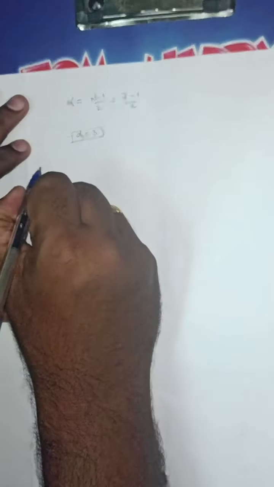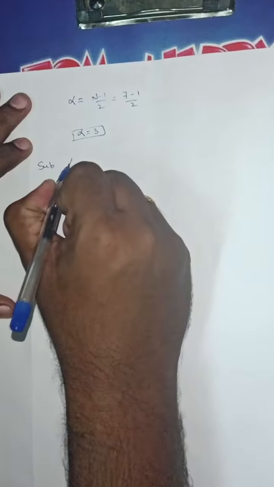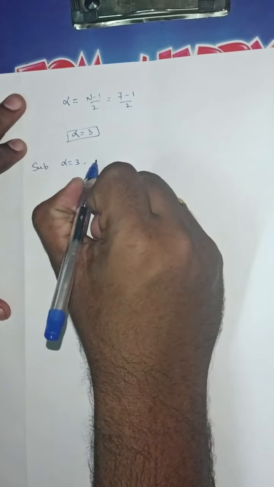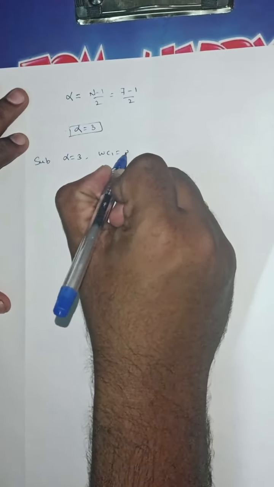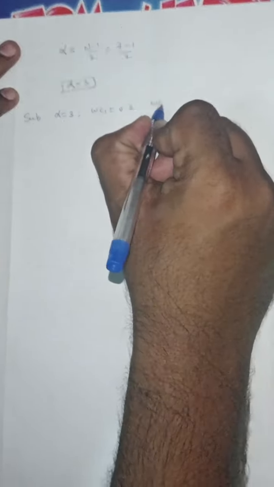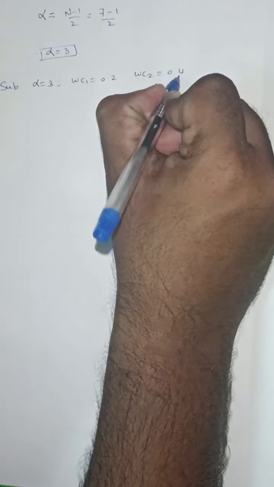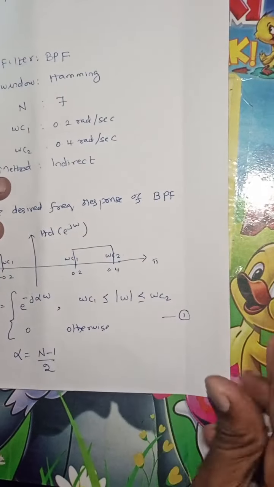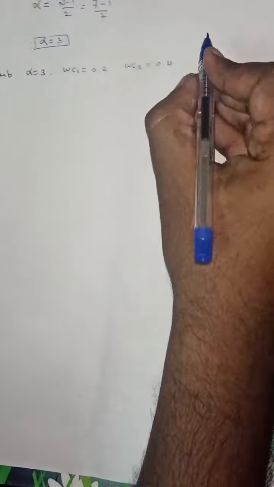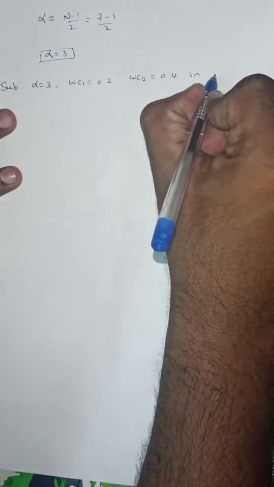Now substitute alpha equal to 3, omega c1 equal to 0.2 and omega c2 equal to 0.4. Take it as equation 1. So we have to substitute these values in equation 1.